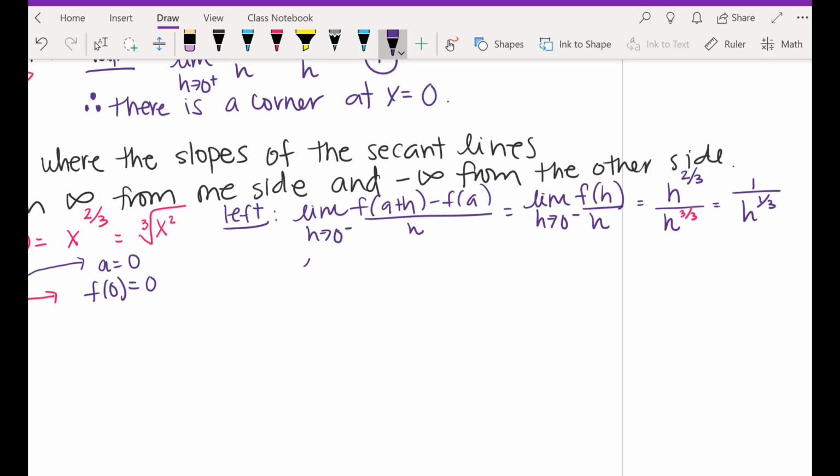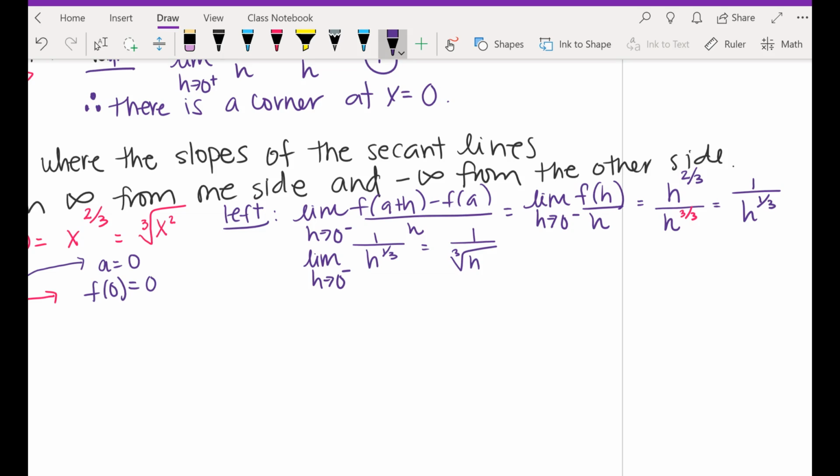Okay, so now be mindful that this is h approaching 0 from the left. Would you agree that's the same thing as 1 over third root of h, like that? Okay. Pick some close number, like negative 0.0001. Third root of that.